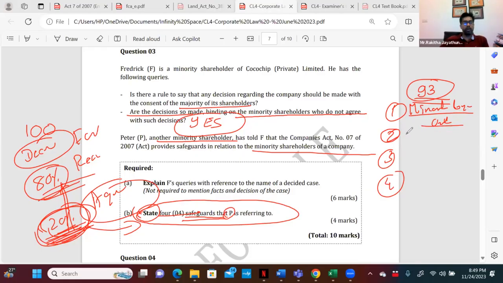Then very important protection provided to minority shareholders under section 224 and 225. You don't have to mention the sections, but good to be familiar with the sections. You call it oppression and mismanagement. Minority buyout, oppression and mismanagement. Then section 233. What is that?